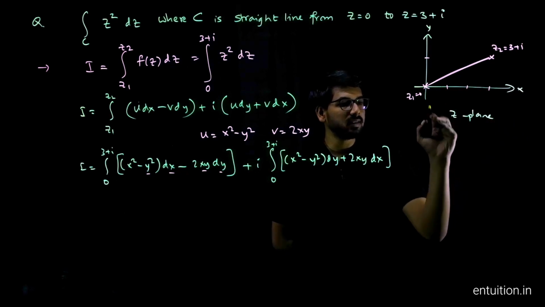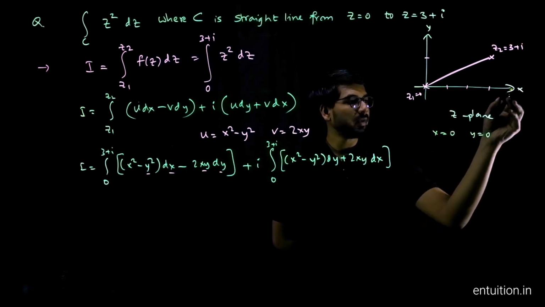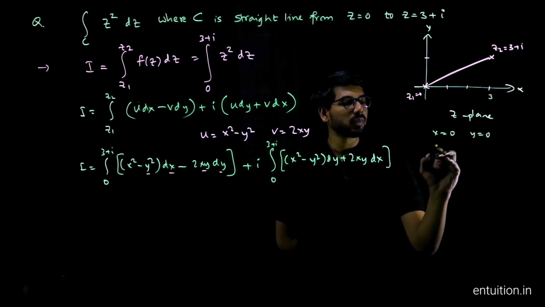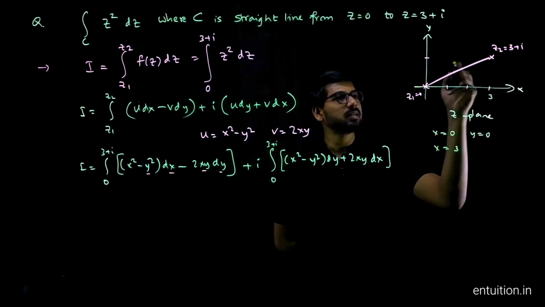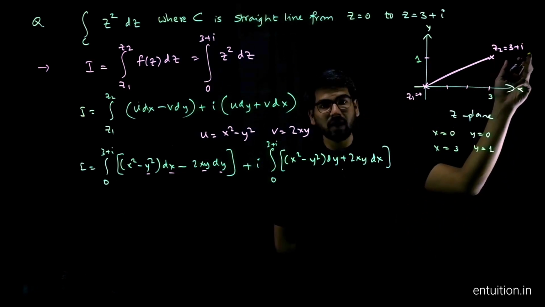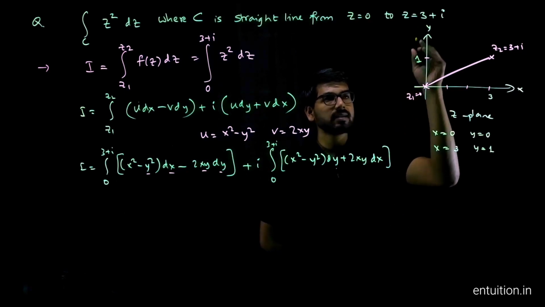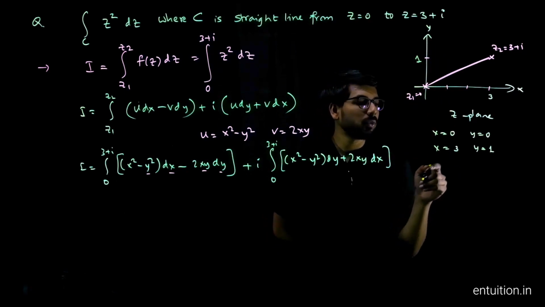When x is 0, y is 0, and when x is 3, y is 1. I know this is plus i, but the axis is iy, so y is just 1.